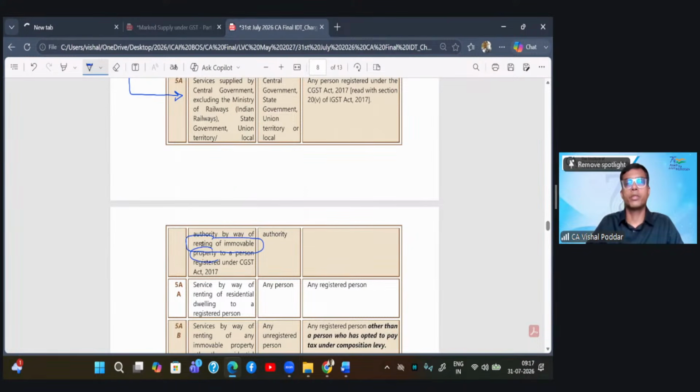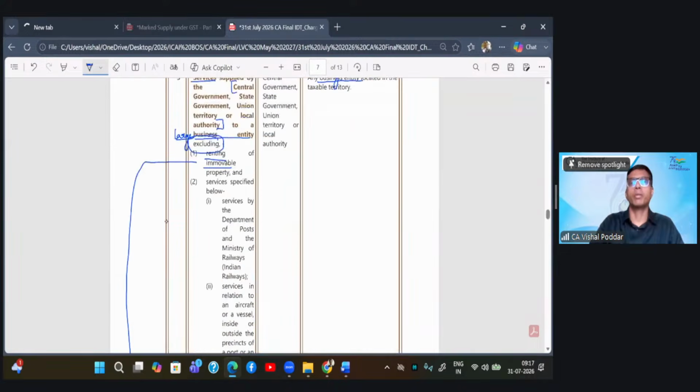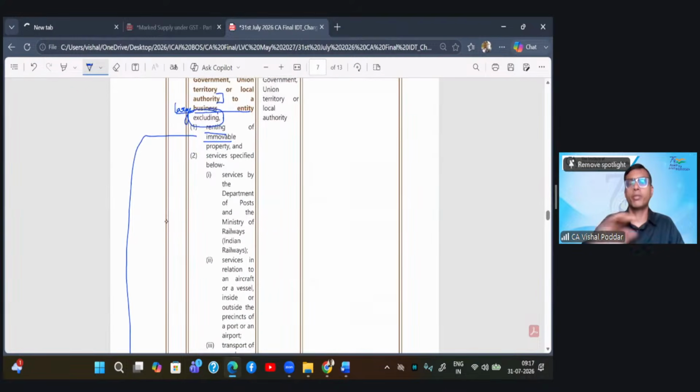So since this service is covered below by way of a separate entry, hence it is excluded from this entry. So first thing on which RCM will not apply is the renting service, but I will say under this entry. Why? Because renting service has a separate entry.